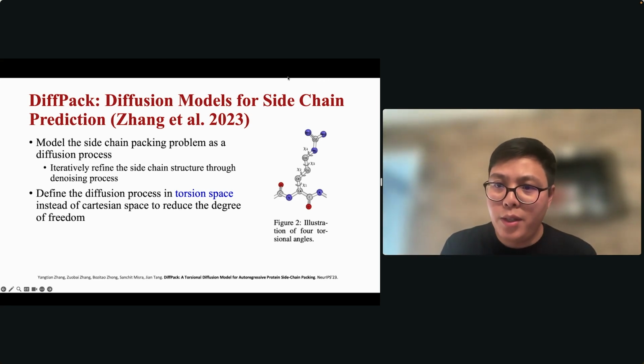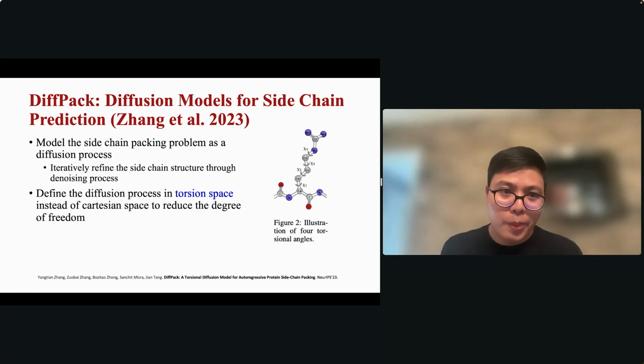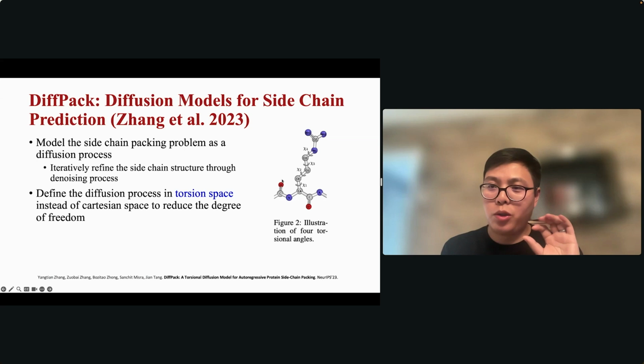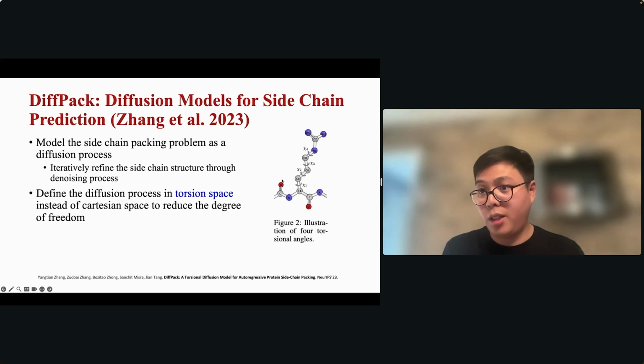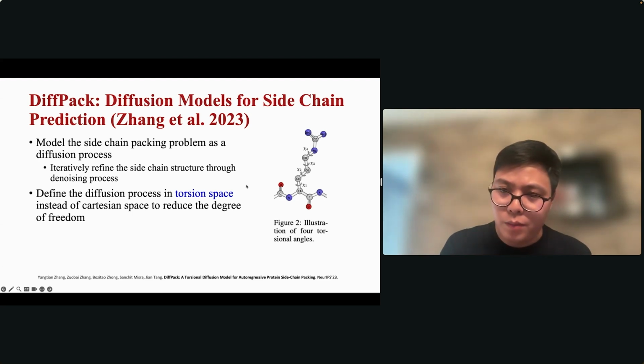So what we did in this work is we propose a diffusion model to generate or predict the 3D structures of the side chains. So essentially just generate the 3D coordinates of the atoms. As you know, for side chains, their degree of freedom is not the 3D coordinates of the atoms.